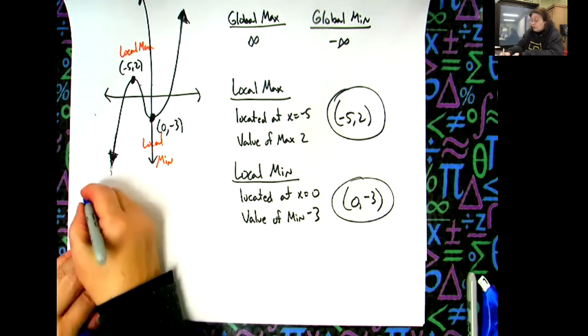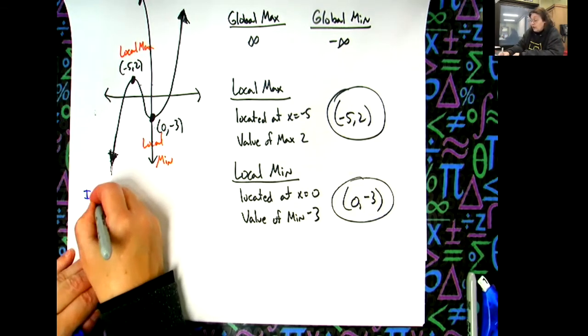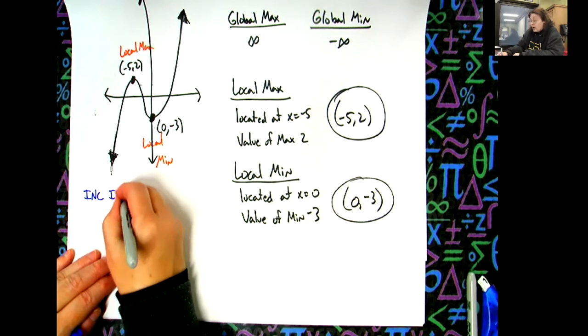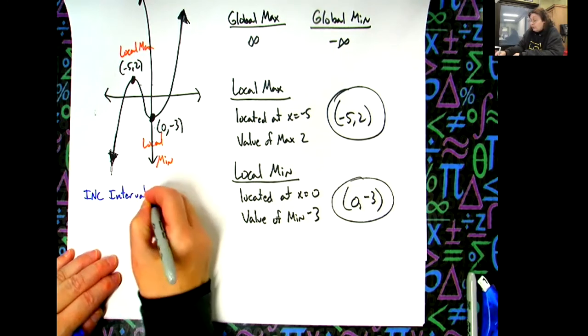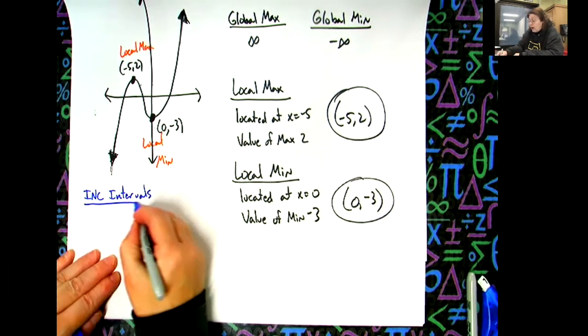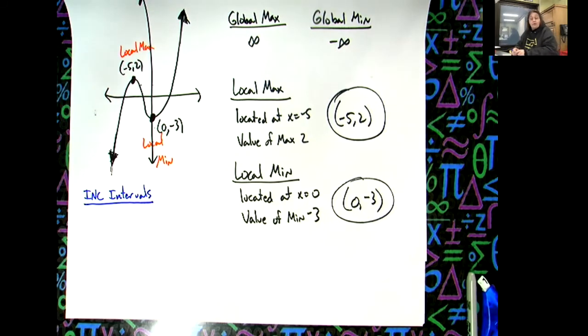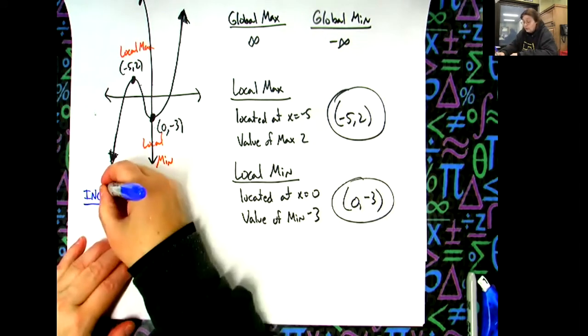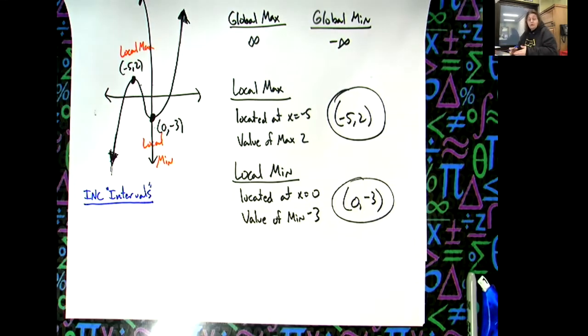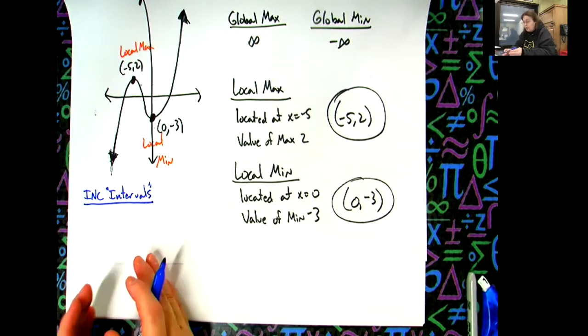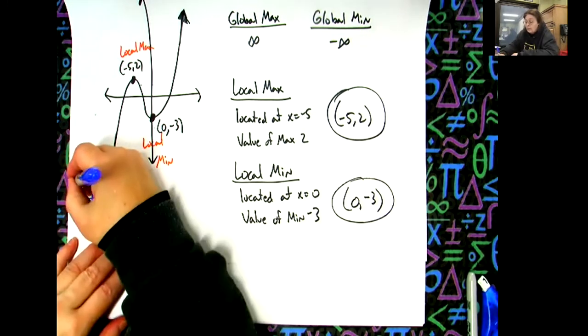So let's do our increasing intervals. Now, as long as I use the word intervals, then we have to use curvy brackets all the time. When I use interval notation and I'm identifying intervals on the graph, it's always curvy brackets.